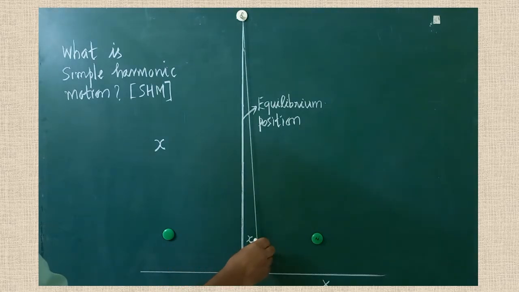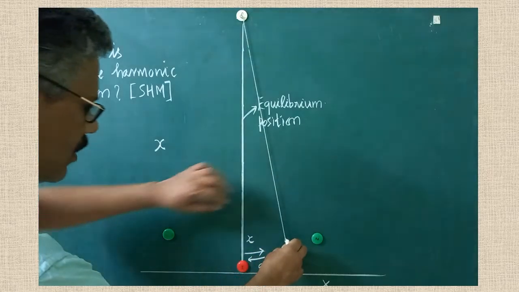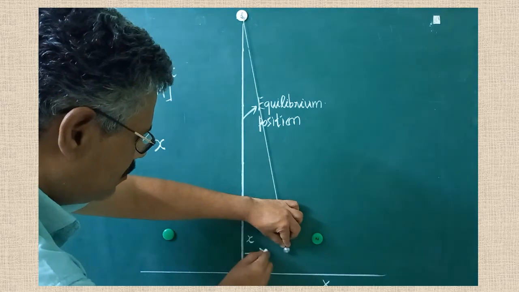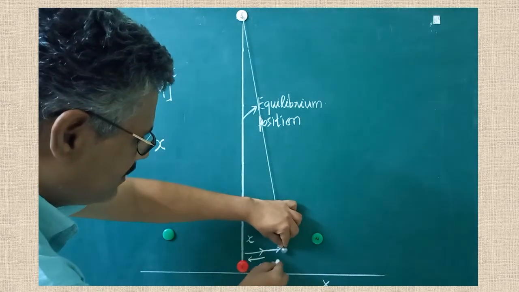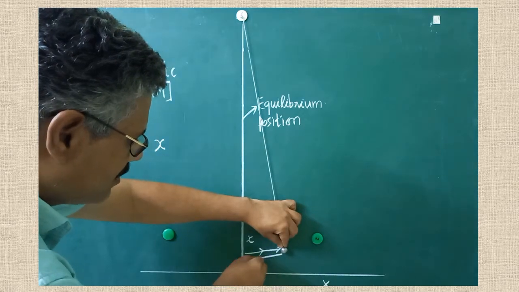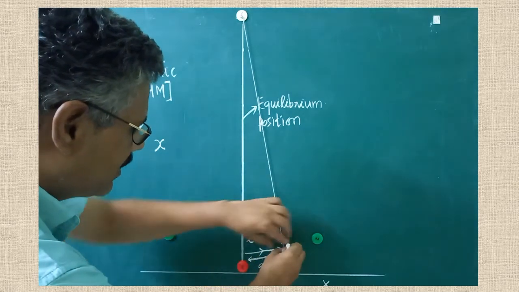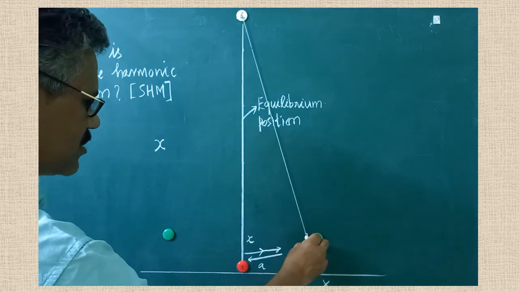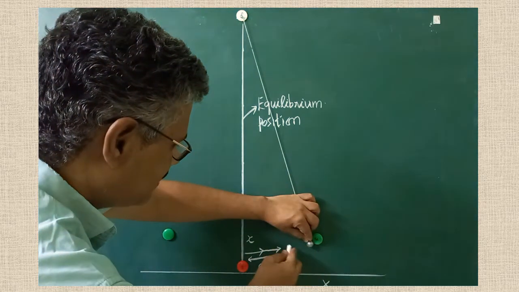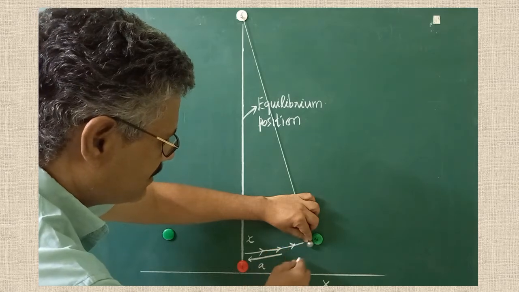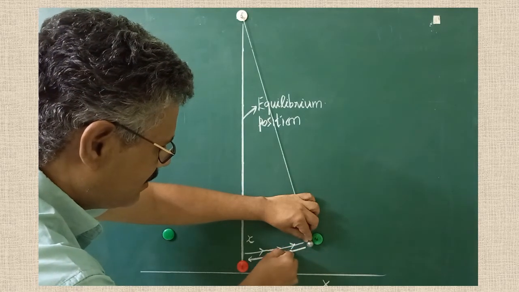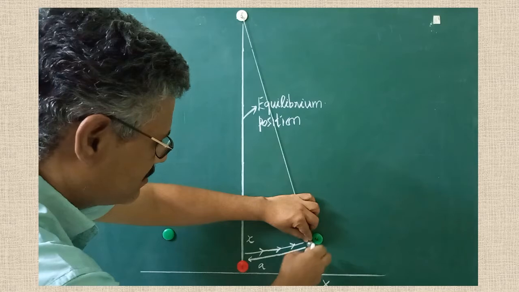If it is further displaced, what happens? Look at that. Now the displacement is increased. Now acceleration also increases. If the pendulum is displaced to a greater extent, proportionately the acceleration will also increase.